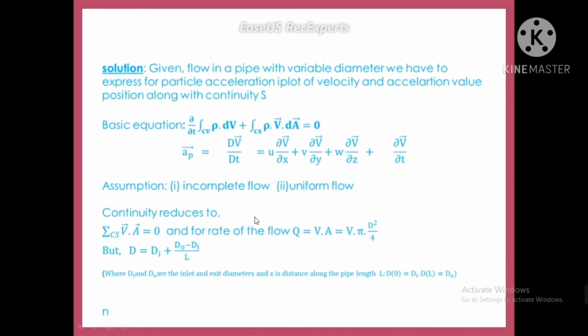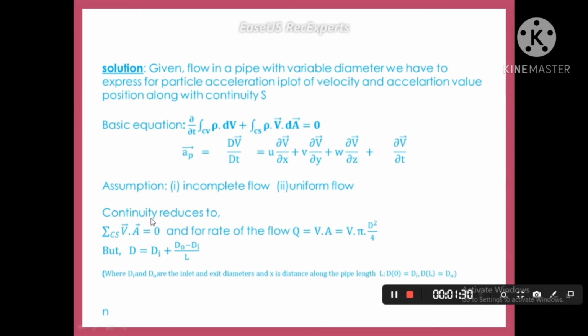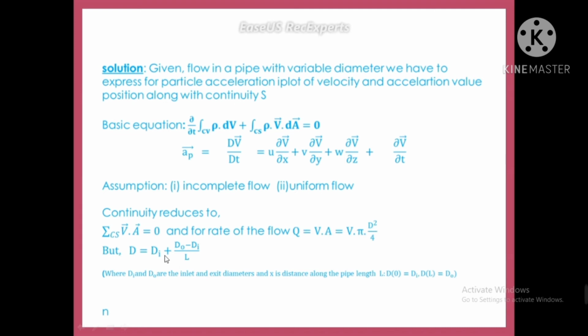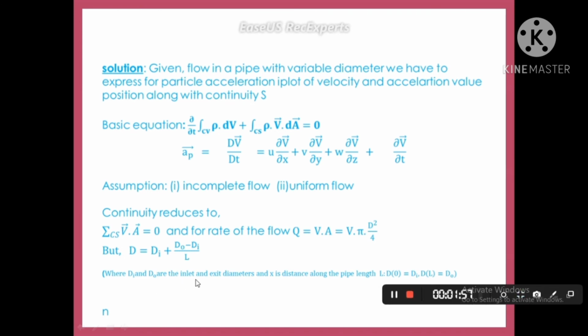For incompressible flow, the continuity equation reduces to the summation over the control surface of the velocity vector dotted with the area vector equal to 0. The rate of flow Q equal to V times A equal to V pi d square by 4, but d equal to di plus (d0 minus di) by L into x, where di and d0 are the inlet and exit diameters and x is the distance along the pipe length.